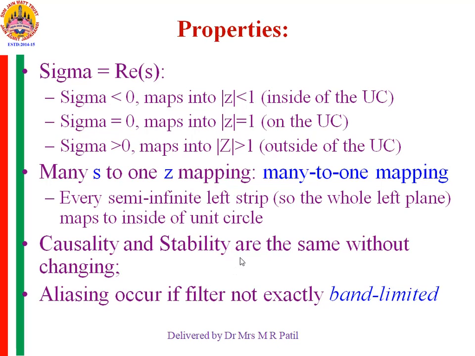Since sigma is negative, and we are considering that the impulse response is a right-handed sequence, the system will be causal as well as stable. Aliasing will occur if the filter is not band limited.